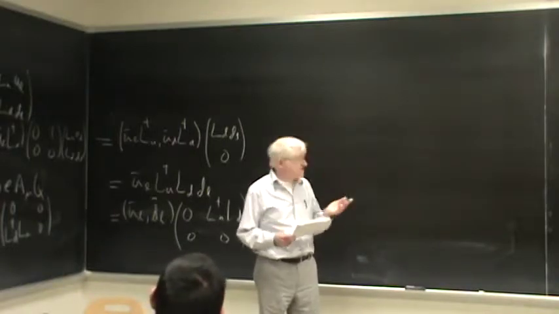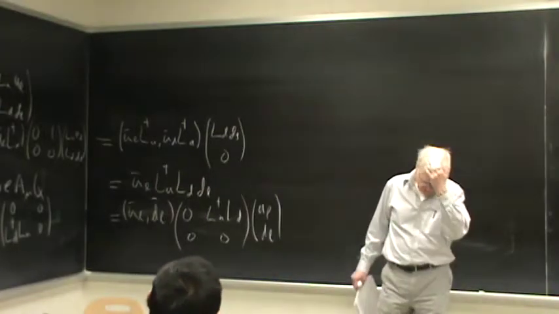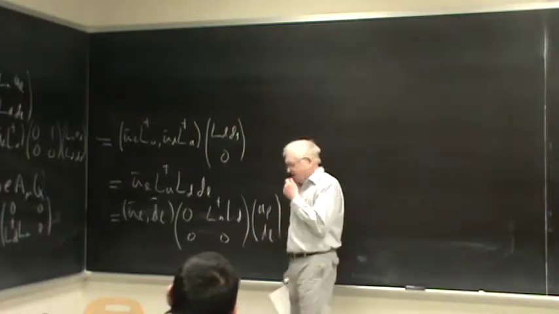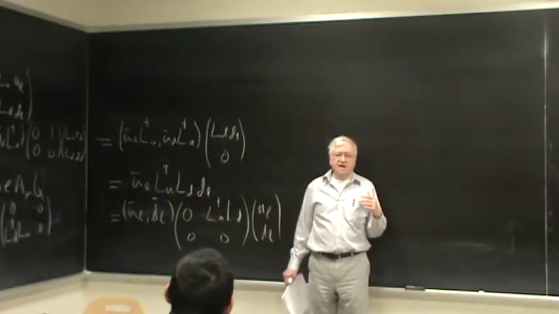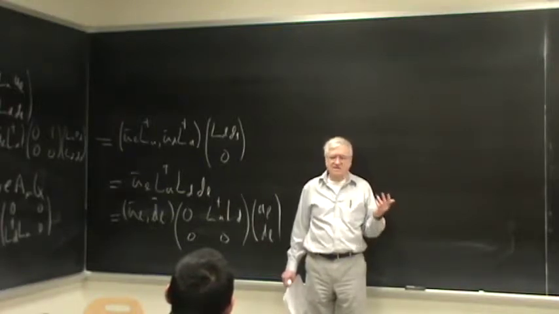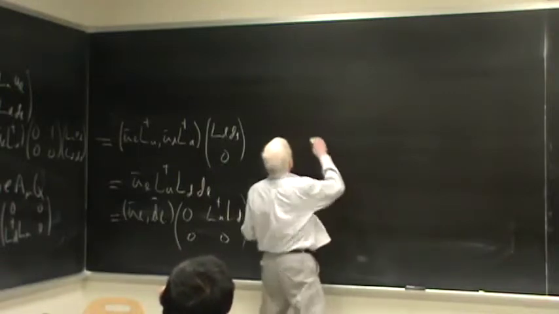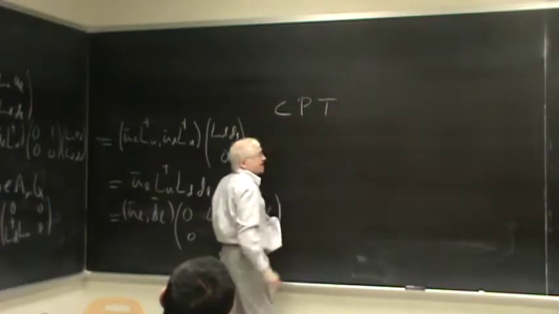All right, anyway, so much for parity. But after people realized in the 50s that parity was not conserved, they noticed, well, first of all, there was a theorem that in any field theory, CPT, charge conjugation, parity and time reversal, is conserved.